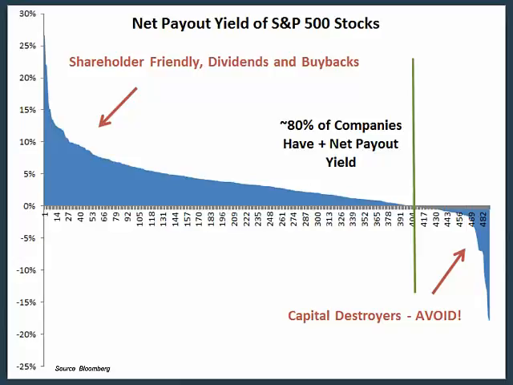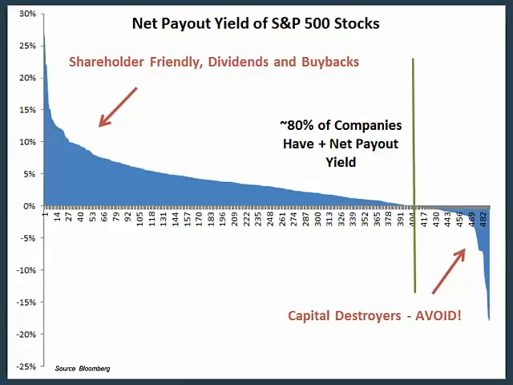It's 1 in 5 in the S&P. If you're buying these companies, you're getting diluted every year, in some cases to the tune of over 10 percentage points. So you want to focus on the ones on the left side of this chart, and this gets even worse as you go down the market cap range. If you move into, say, the Russell 2000 instead of the S&P 500, this chart gets even worse.